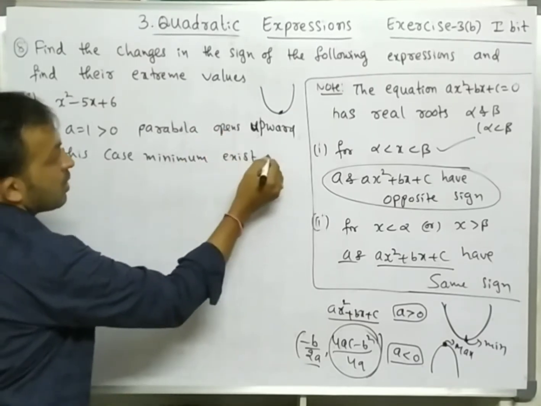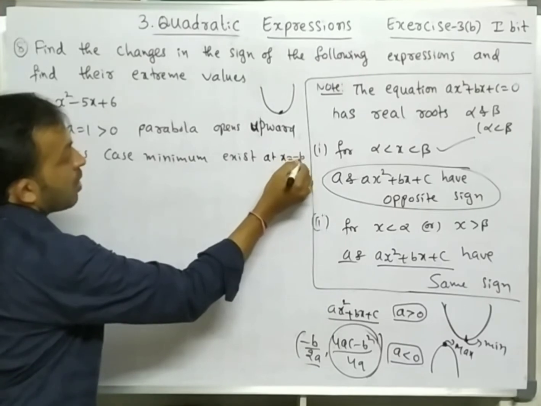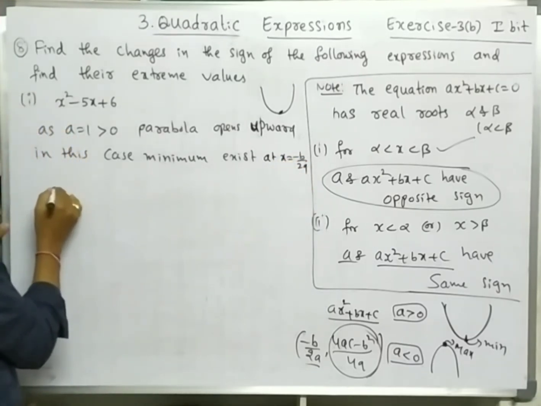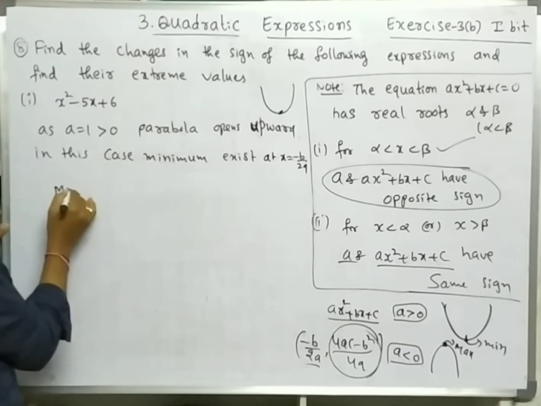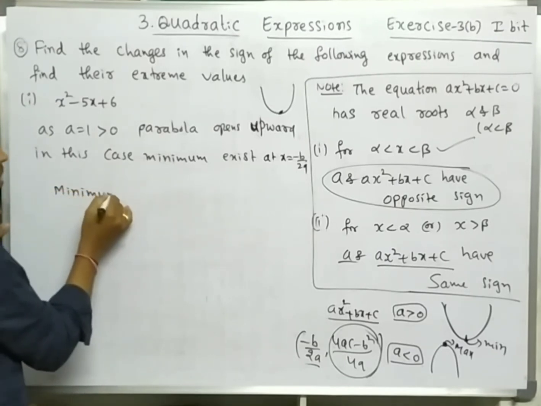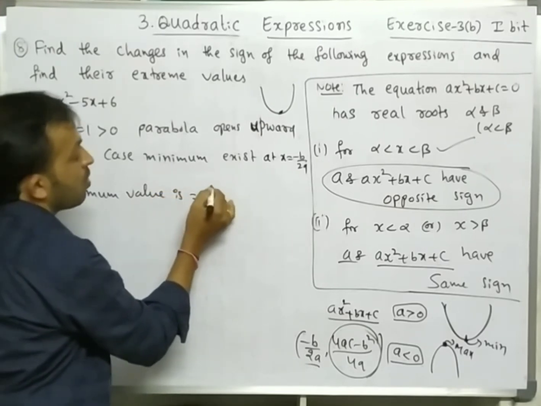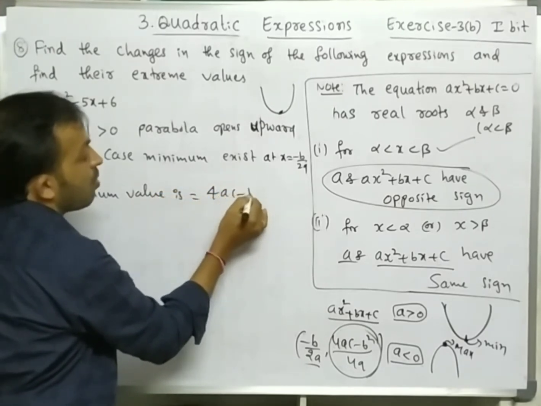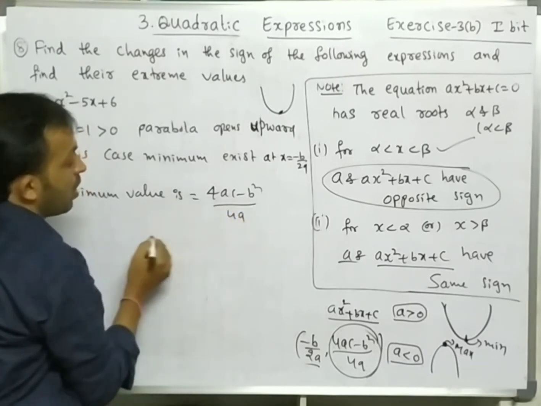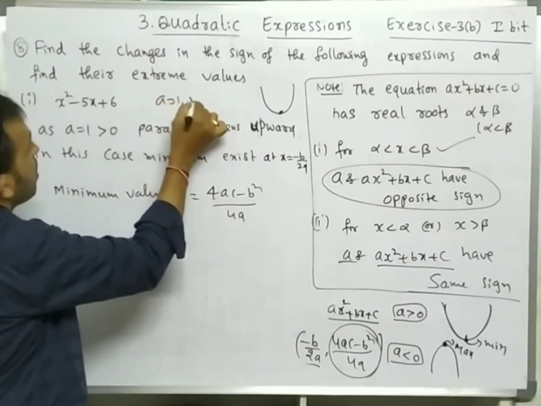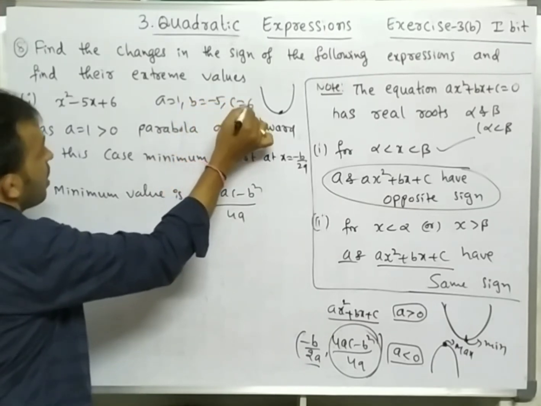The minimum value, or extreme value, is 4ac minus b square by 4a. Here a is 1, b is minus 5 and c is 6.